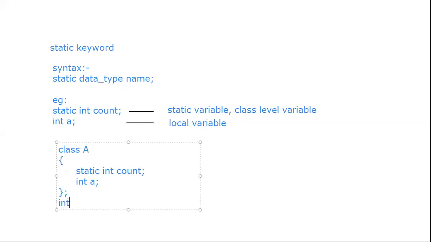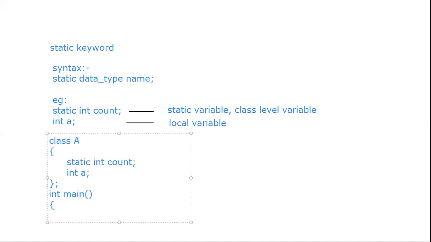Suppose I write the main function, and inside it I create the objects of that class, small a1 and small a2. I'm done with this one.